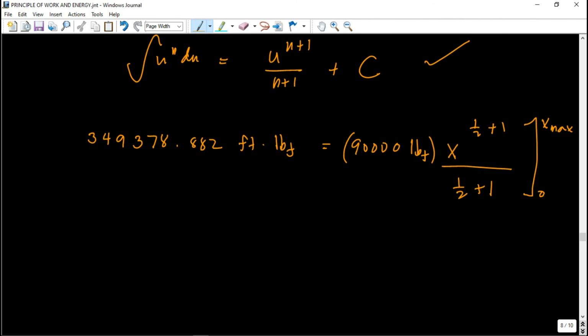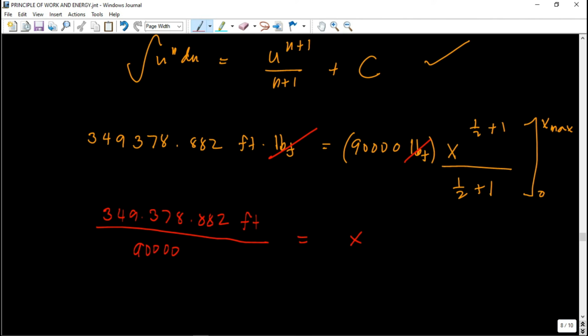So we can actually divide 90,000 pound force to both sides. So pound force here will just cancel out. Okay, so that is 349,378.882, okay, feet divided by 90,000. Okay, that is equal to x raised to, that is 1 half plus 1, so 3 halves.